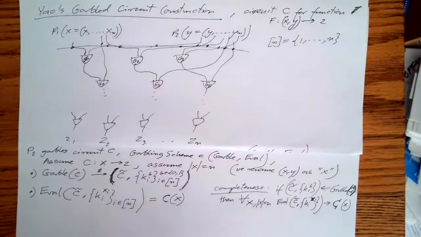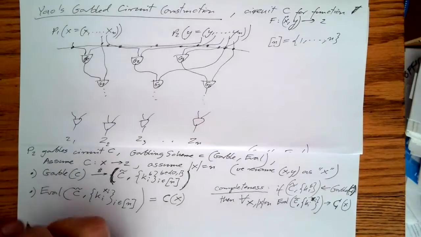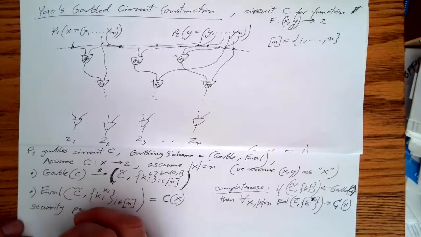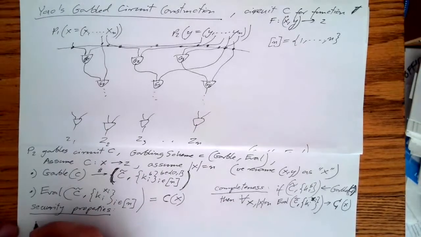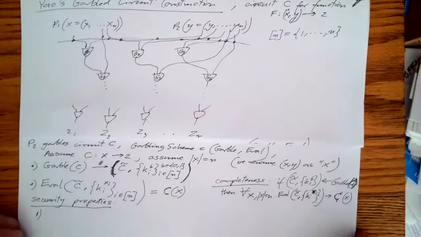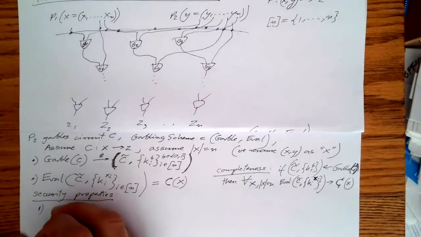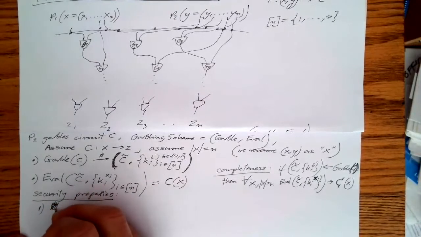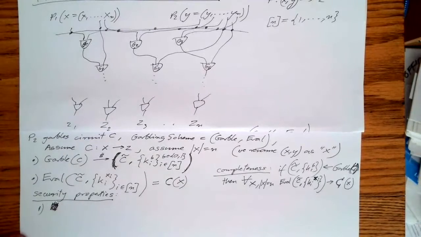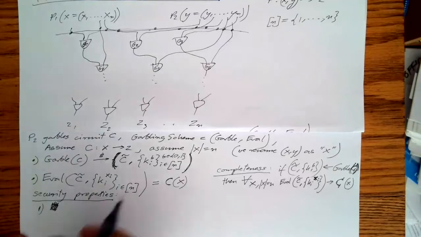Okay, that's completeness. What are the secrecy properties? So, security properties of garbling. Well, first of all, if you have C hat, well, let me think.